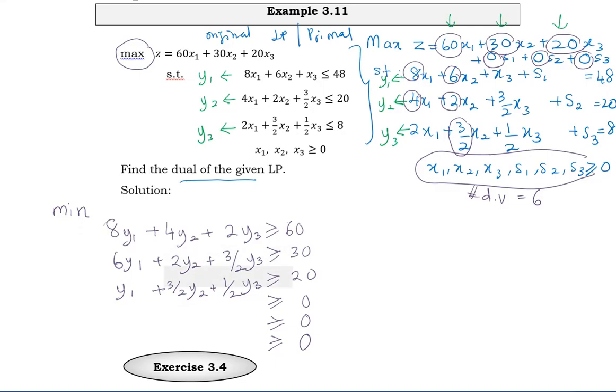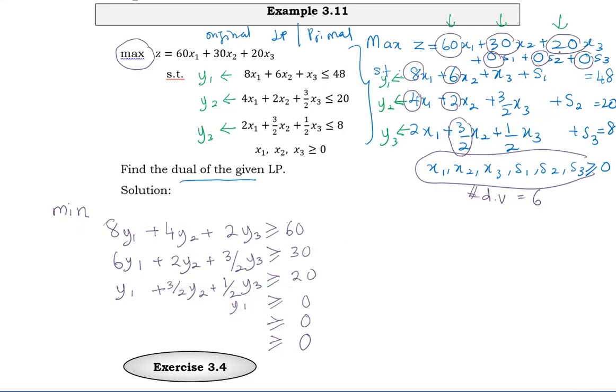Third coefficient. Okay, and then the fourth constraint comes from the fourth column. The coefficient here is 1, right? So 1y1 plus 0y2 plus 0y3, so only y1.